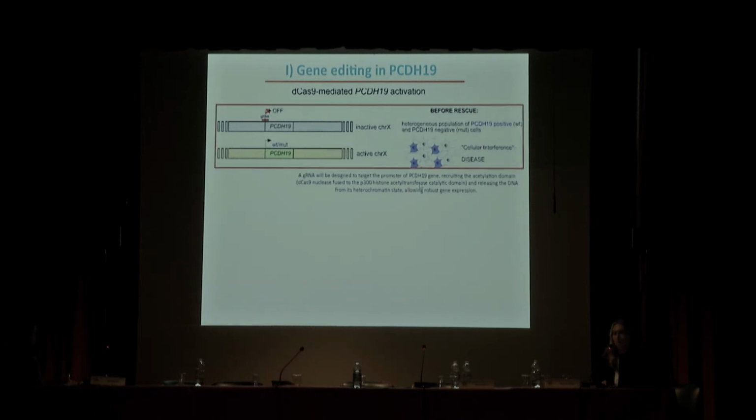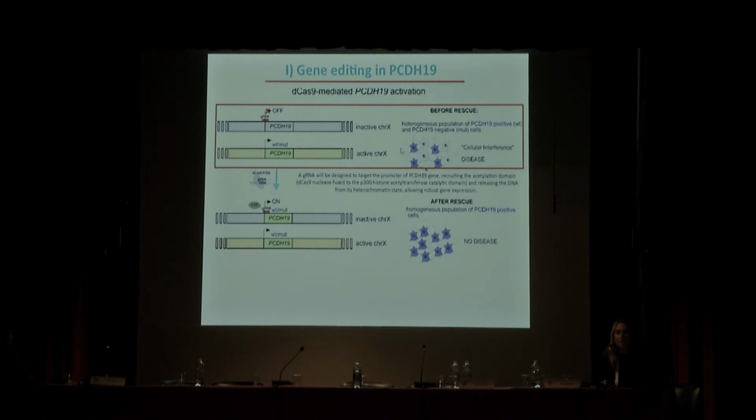So this is the situation before the rescue, in which we have a heterogeneous population of PCDH19 positive and negative cells. And we plan to design a guide RNA to target the promoter of the gene, recruiting the acetylation domain, and allow the release of the gene from its heterochromatin state.